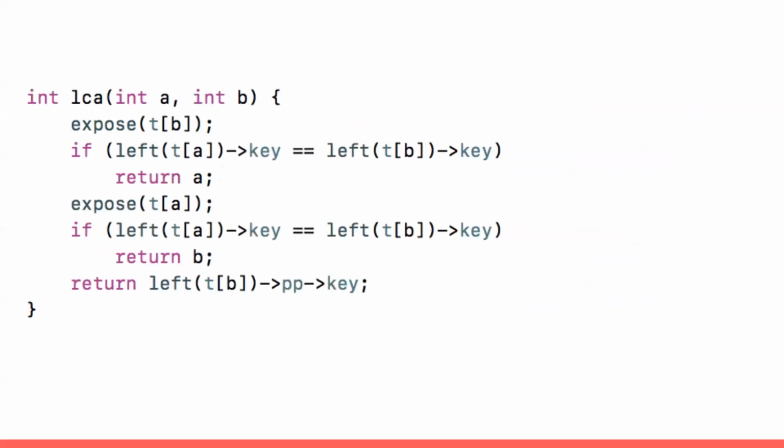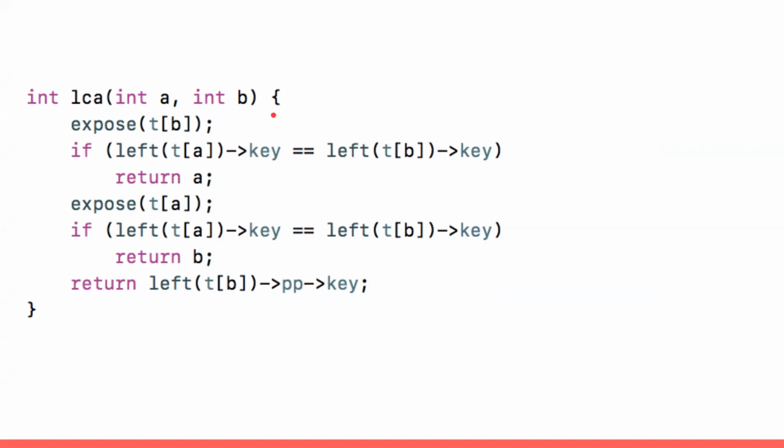Okay, let's continue. So let's see what we should do if we want to find the least common ancestor between two vertices, or LCA. So we make a path between B and the root, and we want to check if A is located on our path from B to root.